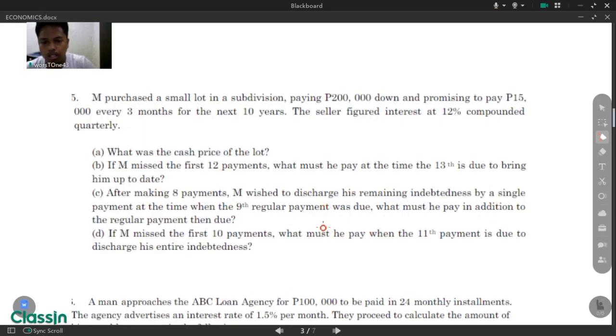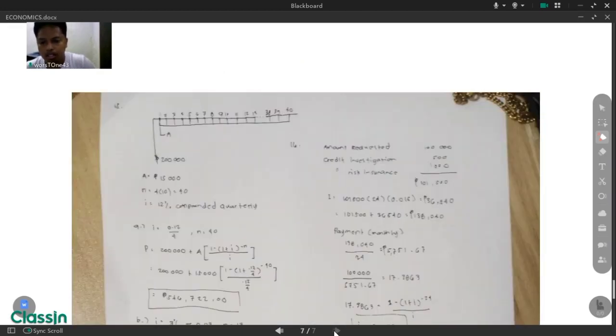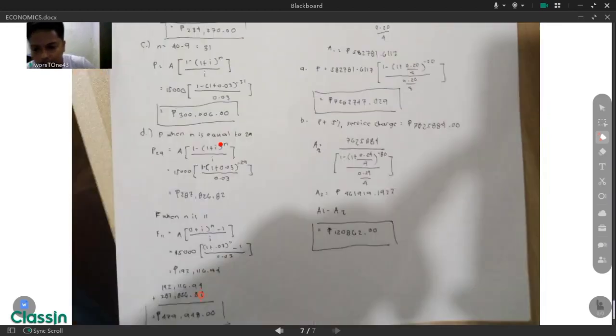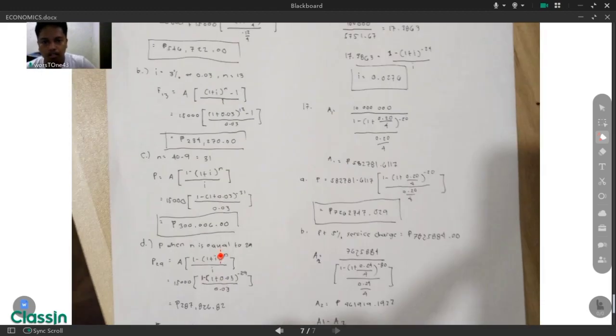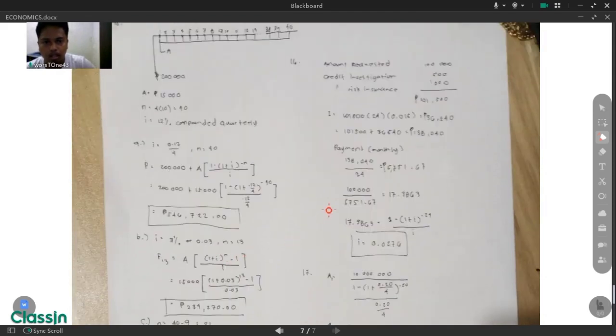So the payment for 29 plus the payment for the 11th: 192,116.94 plus 287,826.62, we have 479,948 pesos. Okay, and for item number 16, it's actually summarized already here.